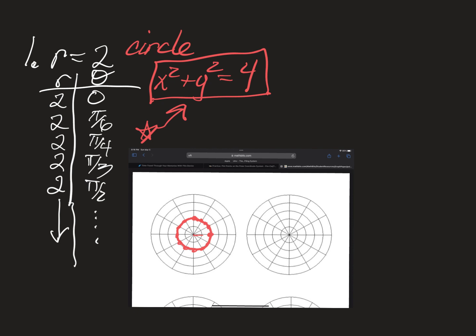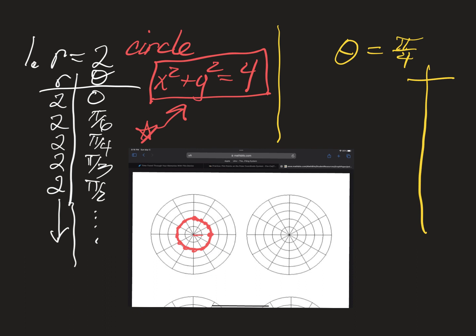All right, let's do the second one. So the second graph I wanted to do was theta equals pi over 4. So in the same way, I want to make an r, theta table. Now, just like on the circle we just graphed, theta never changes.